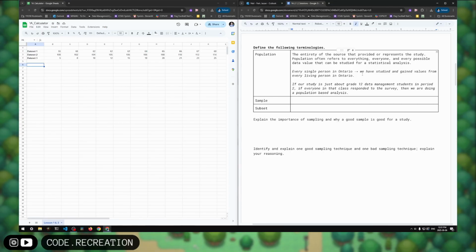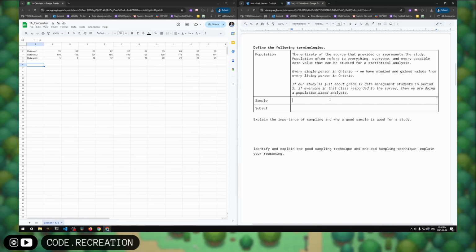So depending on the study, the population can be very small because the criteria for getting all the population could be easy, like in our second scenario, but the first scenario is very difficult. If you were to survey, question, meet every single person living in Ontario, that takes a lot of time and resources, and often we don't try to do something like that. However, asking the population will often give us the very best representation and best data for our study.